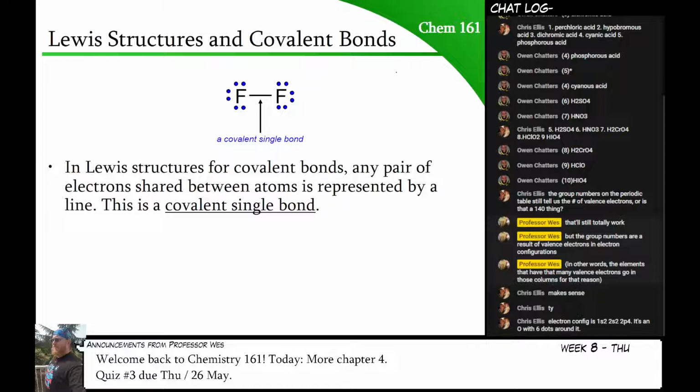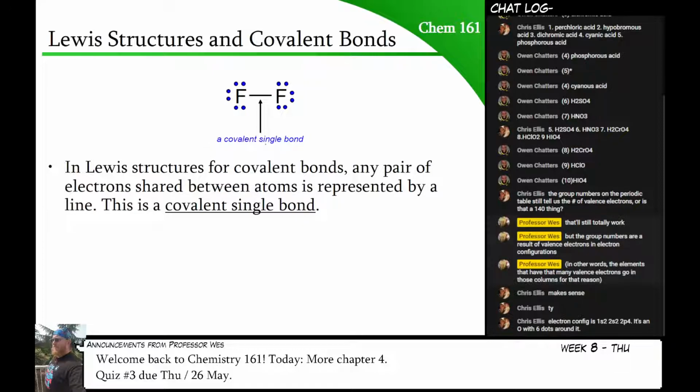When we share two electrons, it's clearer to visually see if we represent these as lines rather than dots, because you could cram a lot of dots in there and then you have to count them. Whereas putting a single line in there is very clear and distinct. Putting multiple lines in there is not difficult to discern.